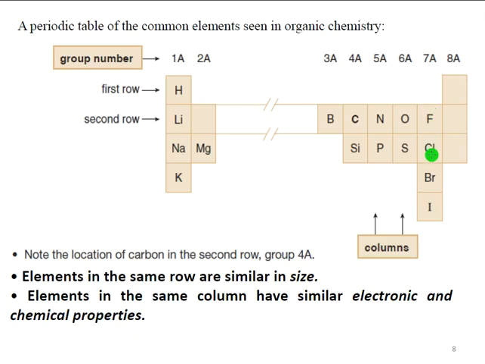That means this group is the halogens, and the halogens have similar chemical properties and high electronegativity. This group has one positive charge. The second group, all the atoms here have two positive charges.